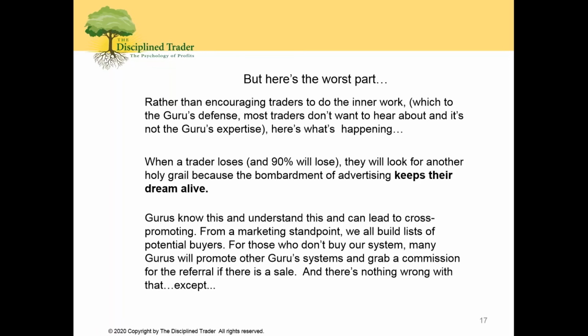I'm kind of like type O blood for everybody. My focus is not necessarily trading plans, although we have something called simple trading plans for those that don't have a trading plan. But our focus is helping you with the mental and emotional part, which nobody does. Nobody wants to get into it because most traders don't want it, and gurus have no idea how to do it. And there's nothing wrong with grabbing a commission.